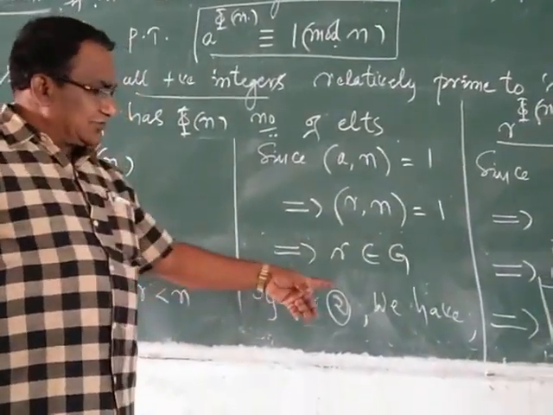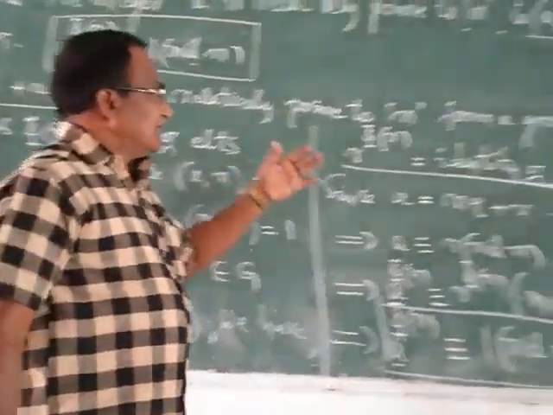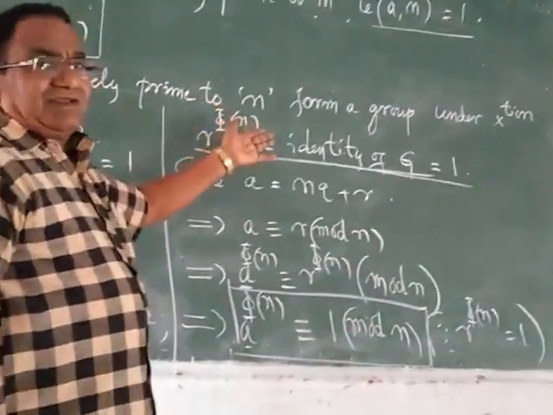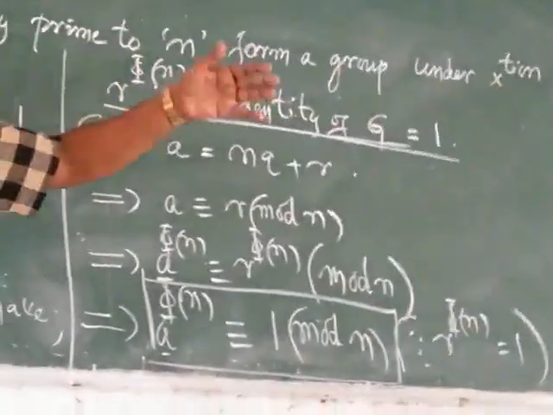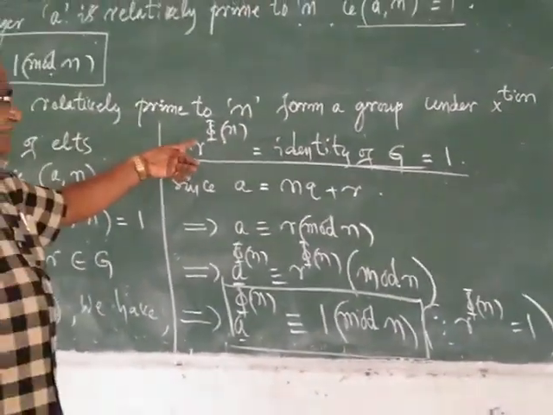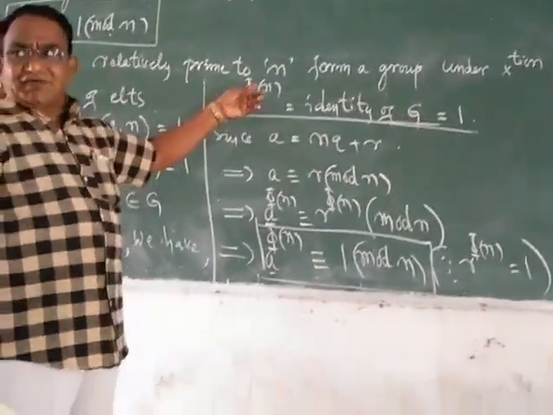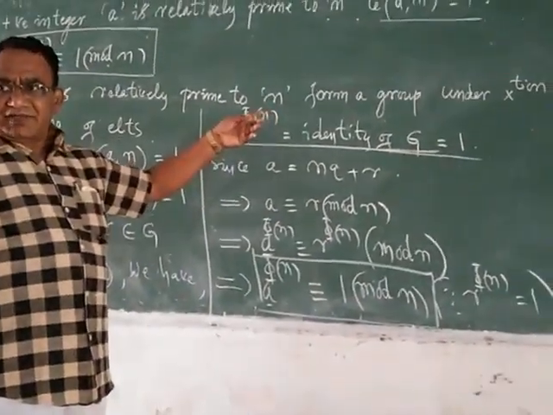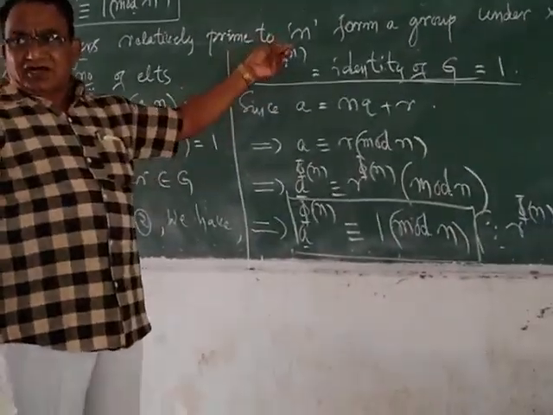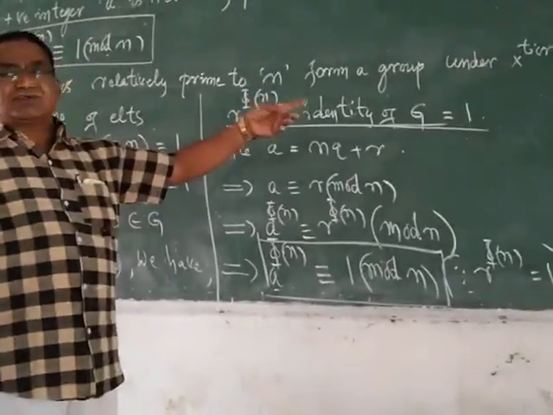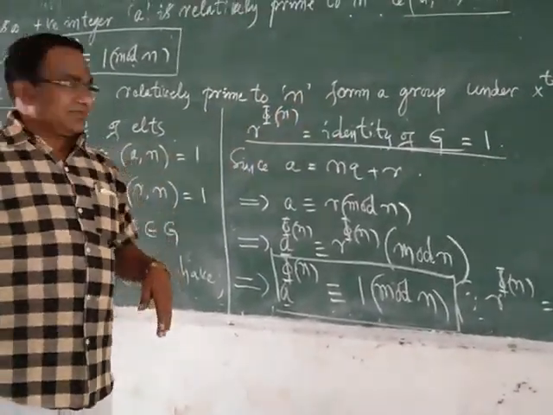By corollary 2, for every A belonging to G, A to the power of the order of G is equal to the identity element of G. Here, instead of A we have R, and phi n is the number of elements in the group, that is, the order of the group. So R to the power phi n is equal to E, the identity element of G, which is 1.